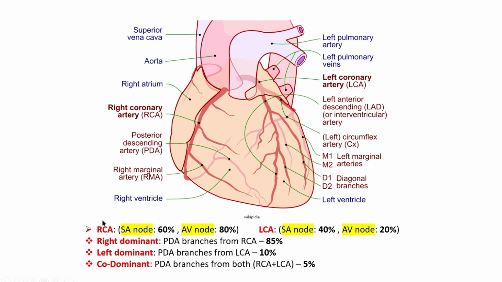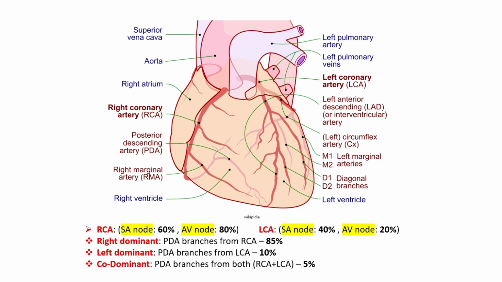In other words, if you have a problem with the right coronary artery, let's say there is atherosclerosis and there is no blood flow, in 60% of the people there will be no blood supply to the SA node, and it will cause problems. Whereas only in 40% of the people it is supplied by the left coronary artery, and especially a branch of the left circumflex artery. So it's variable. It's not something specific to every human.